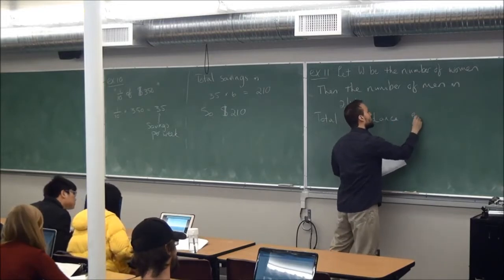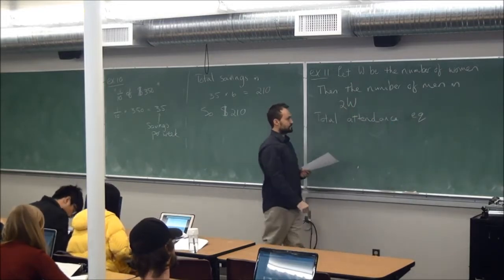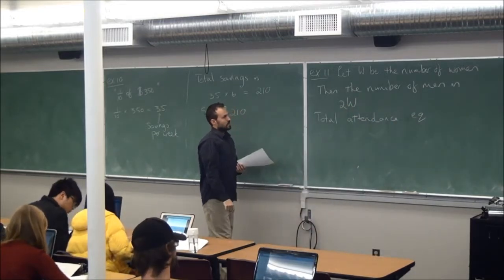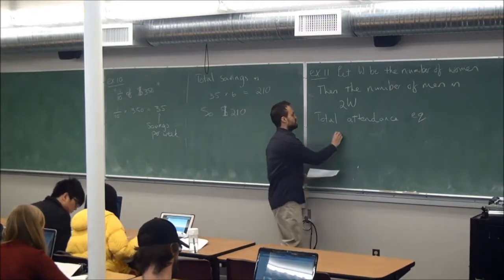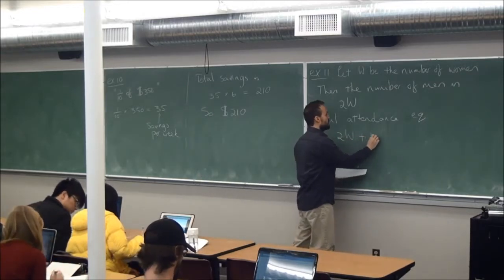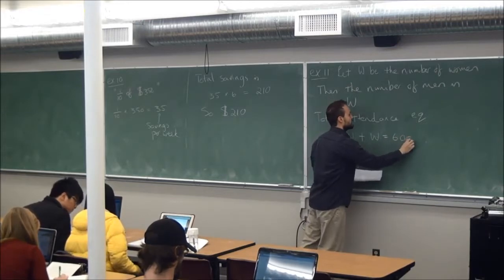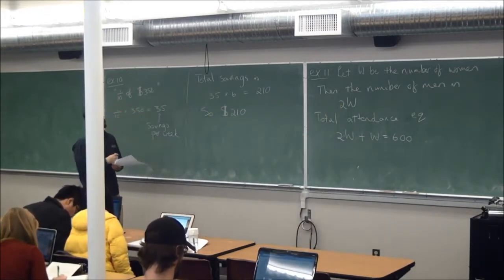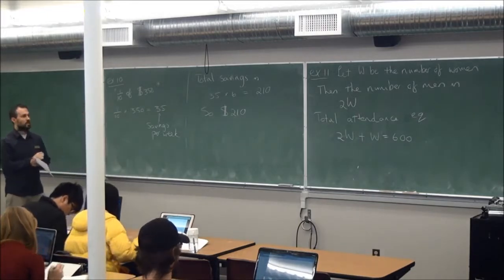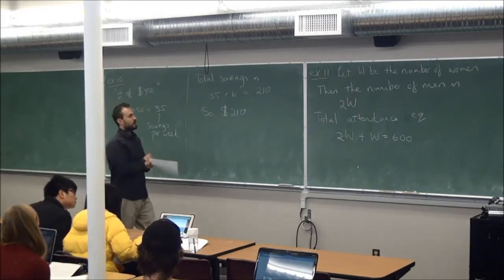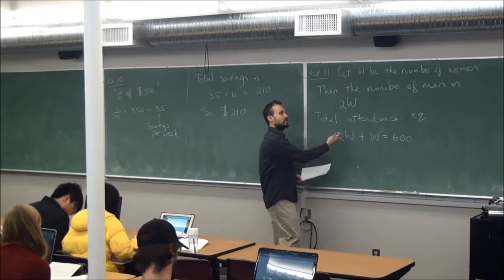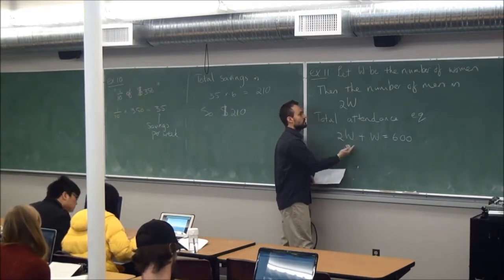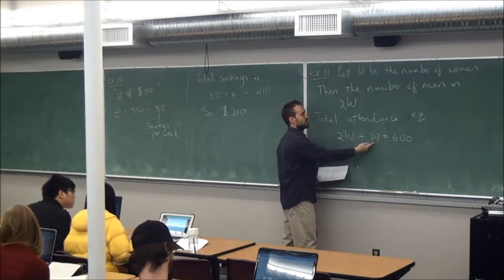Equation. Let's say an equation here. 2W plus W equals 600. So the information that they're giving me is captured by that equation, by adding up the total number of people using my variable, men plus women.